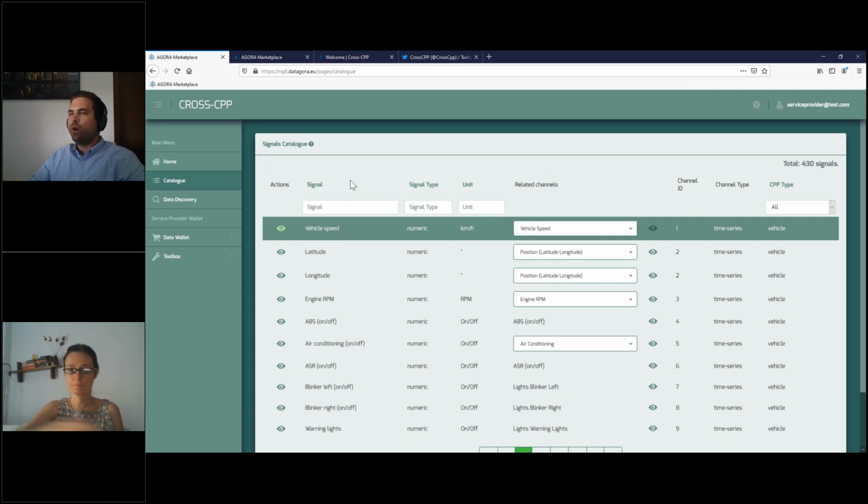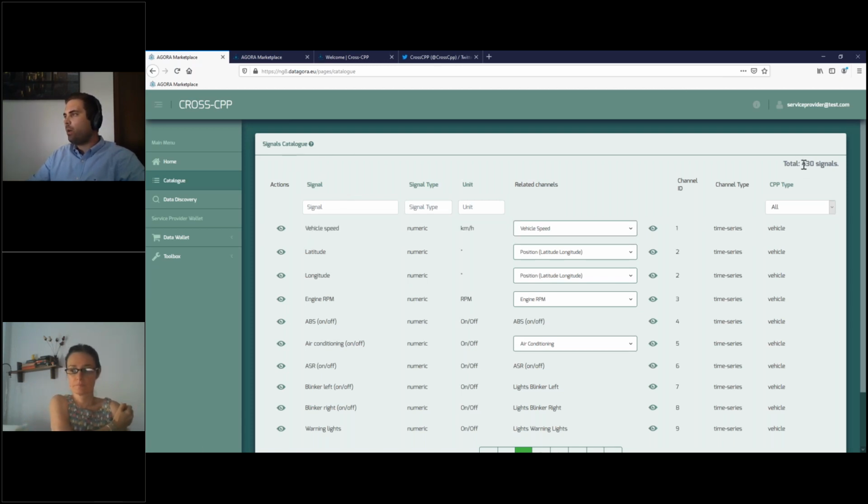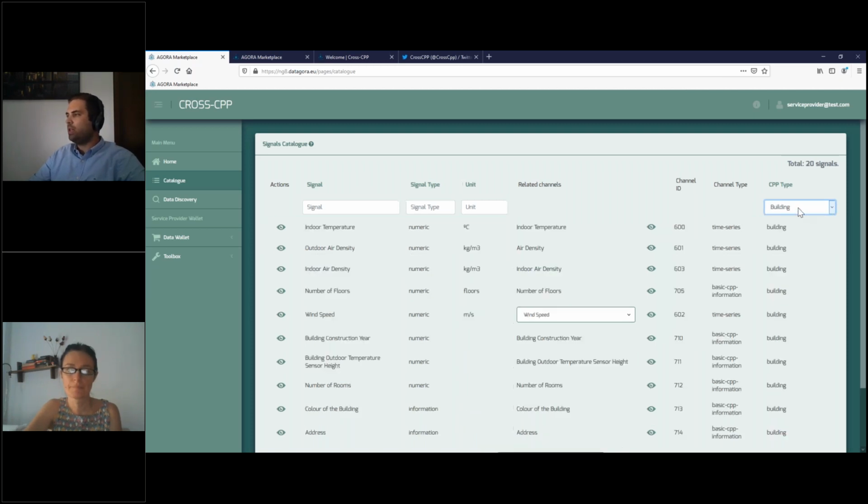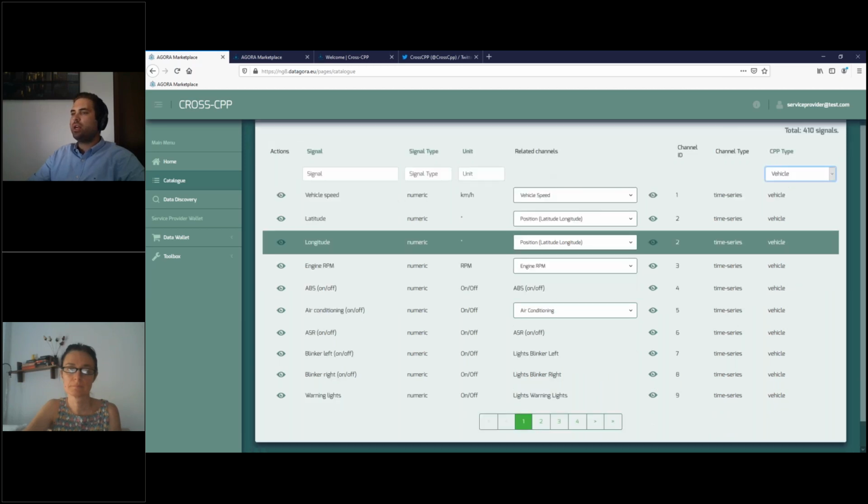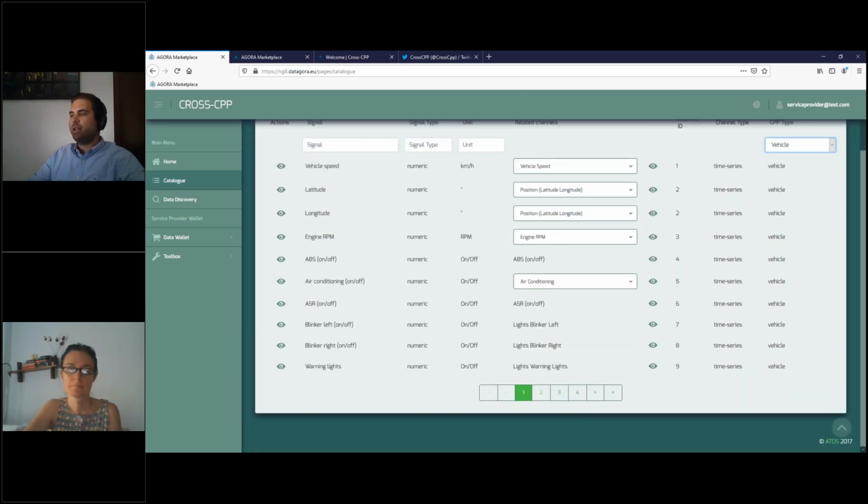As you can see, this is the catalog, and we already have 430 signals there from vehicles and from buildings as well. We can select and filter the different signals that we have inside the marketplace.